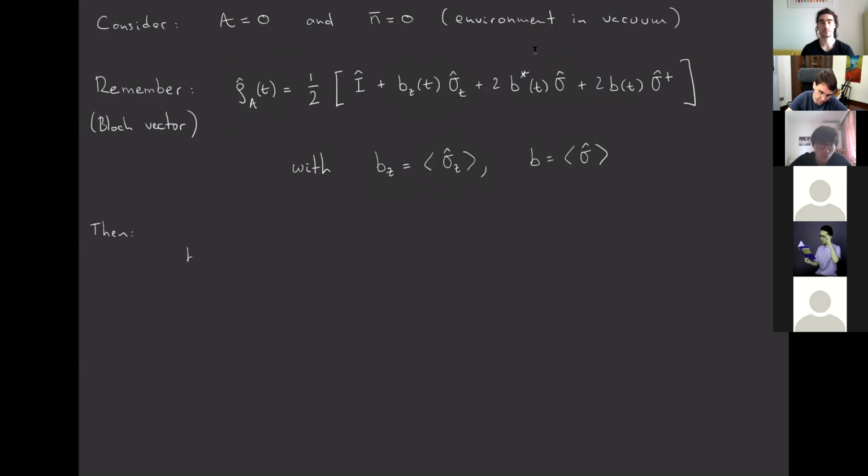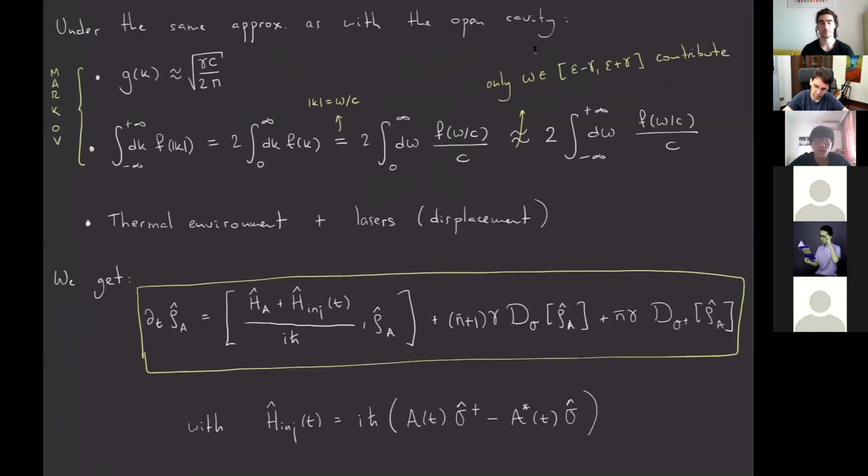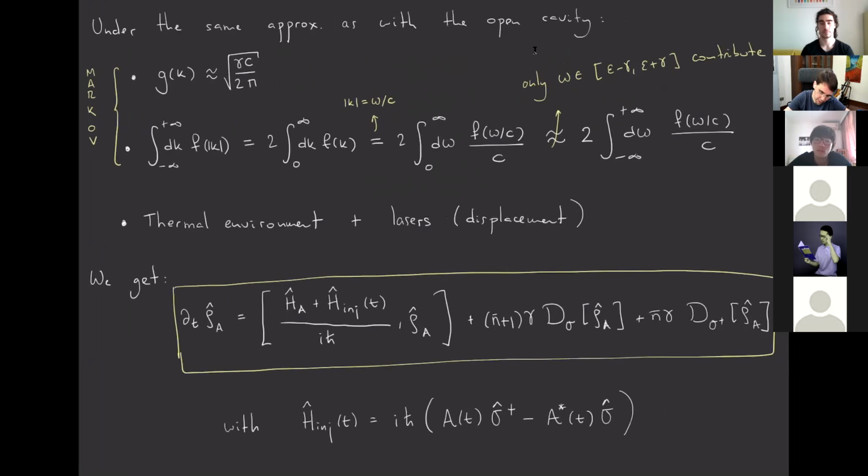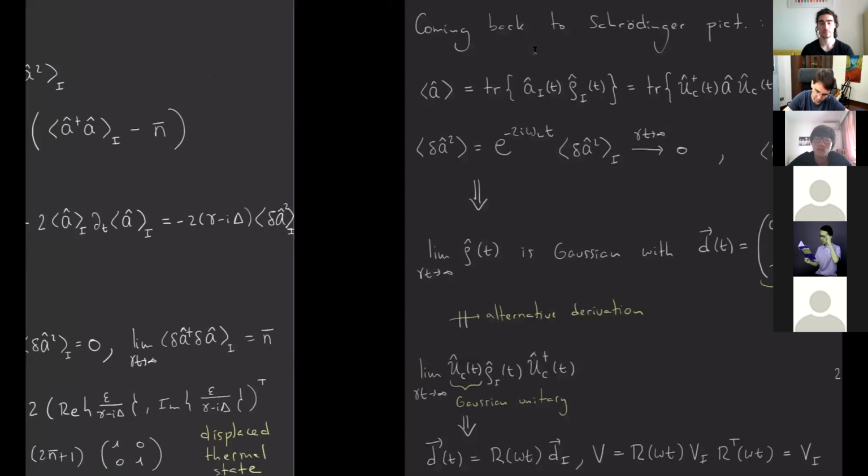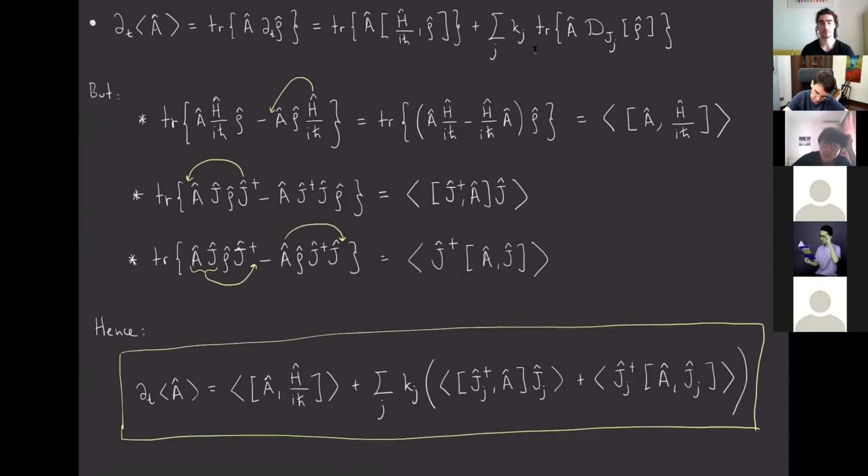If I ask you what is the time derivative of b, for example, this is the time derivative of the expectation value of sigma. But now we go to the master equation, and let me remind you once again this expression here.